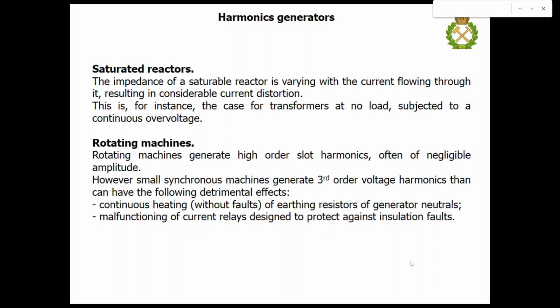When we have rotating machines, the harmonics presented by them can lead to continuous heating without faults, and in some cases malfunctioning of current relays designed to protect against insulation faults.